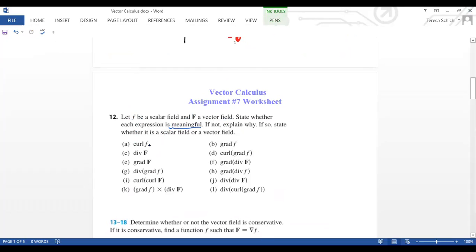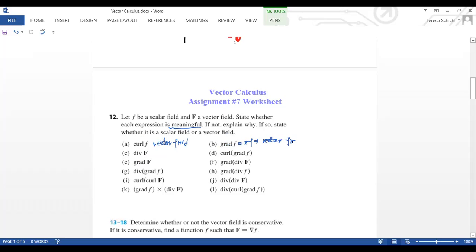By the definitions, the curl of F is a vector field, right? The gradient of F, that means del F, is a vector field also, correct?